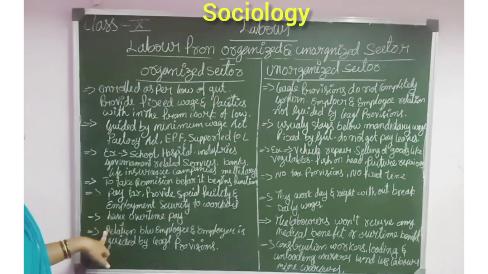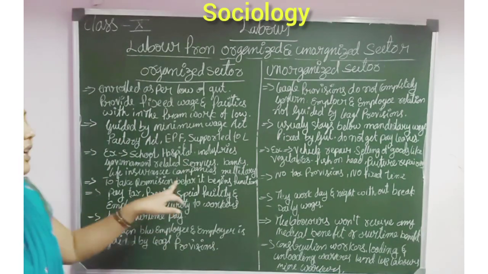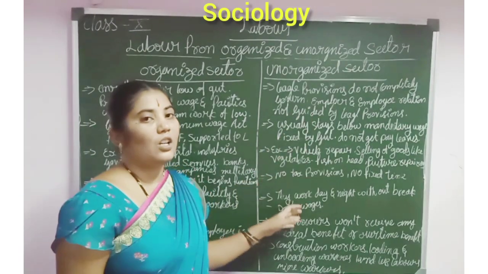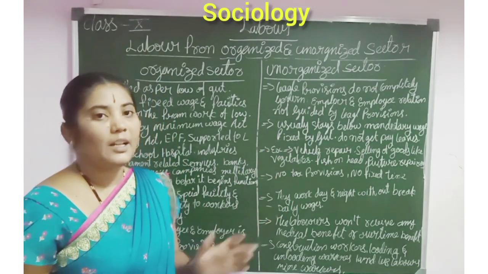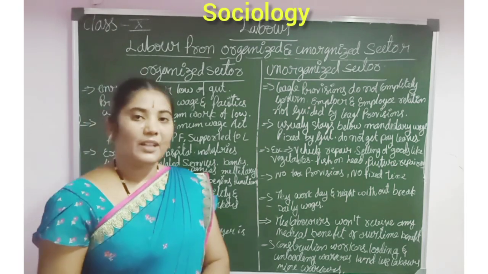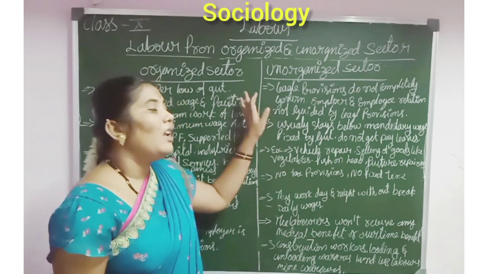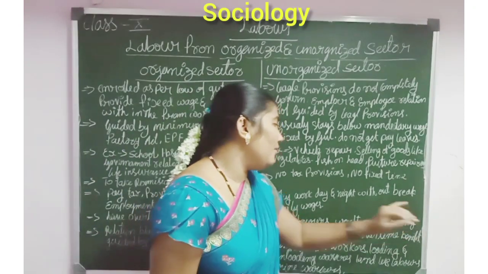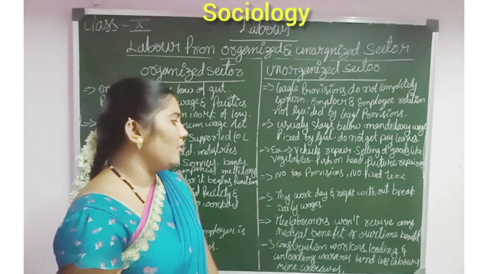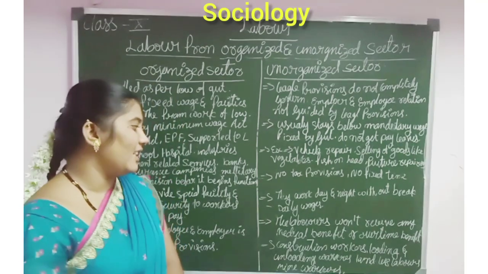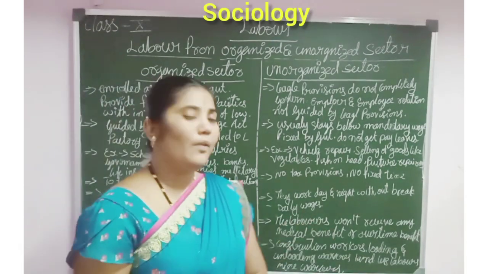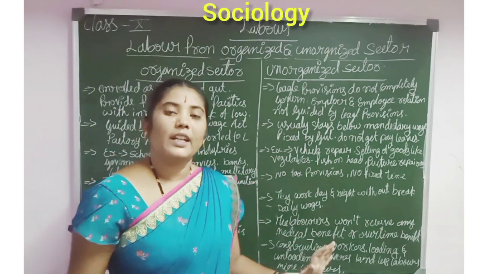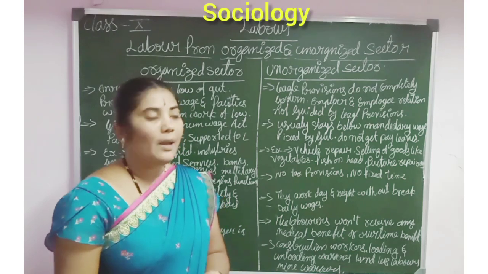In the organized sector, the relation between employee and employer is guided by legal provisions. But in the unorganized sector, the employer and employee relationship is not guided by legal measures. In the unorganized sector, laborers are not getting medical facilities and overtime payment.